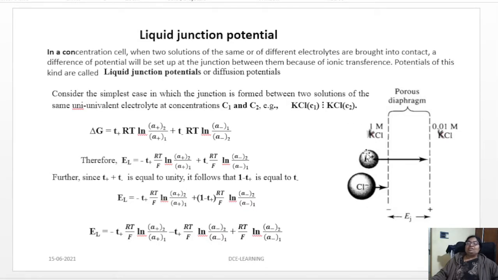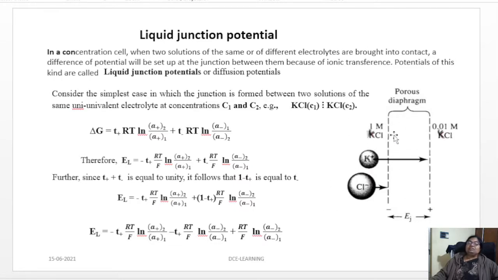When 1 Faraday of electricity is passed through the cell, the cation, for example K plus according to its transport number, moves from cell 1 to cell 2, and in the opposite direction Cl minus is transferred from C2 to C1.